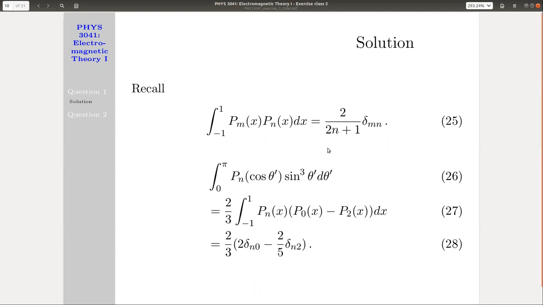Here we can simply substitute the solution: the integral between Pn and P0 is simply delta n0, and the factor can be obtained by substituting n to be 0. So we have 2 over 1, which is 2, and the second term is a P2, so we have delta n2, and then we substitute n with 2, so we have 2 over 5 here.